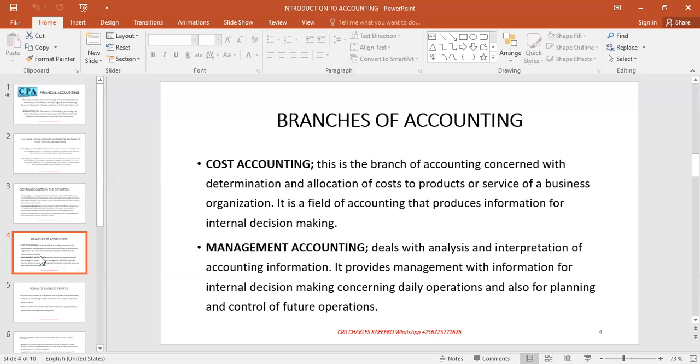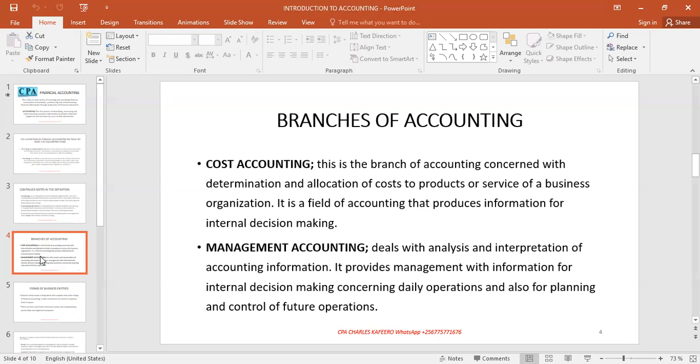You say for the purpose of the information, that will be a difference. So, the purpose of the information: what is the need? What do they need for the cost statements? What do they need when they are preparing management statements? What are they up to when they are preparing those statements?